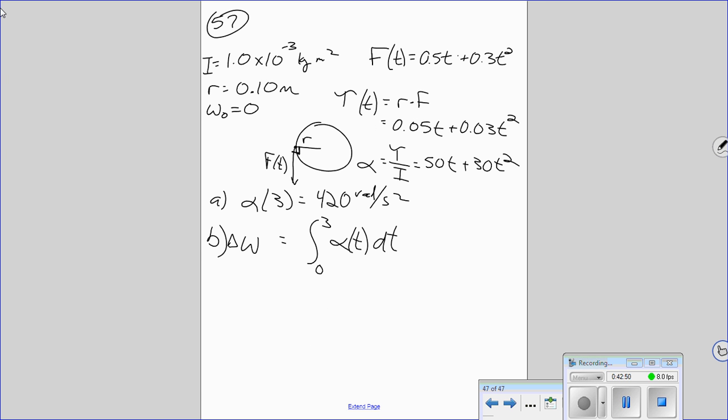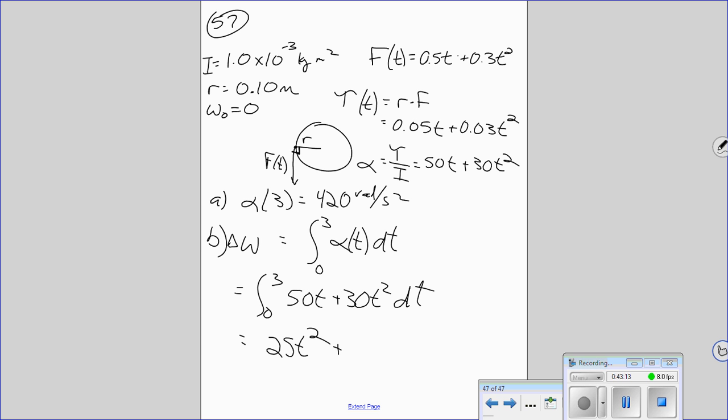So let's do it together. The integral from 0 to 3 of alpha, so 50t plus 30t squared with respect to t. So the integral of 50t should be 25t squared, right?